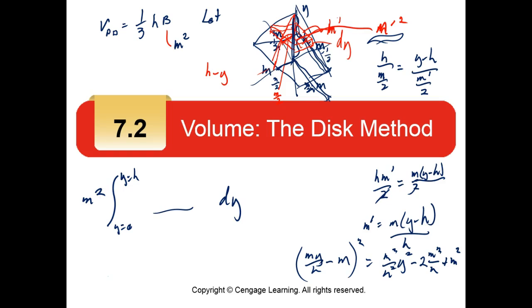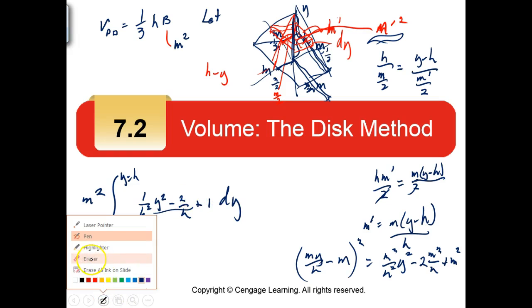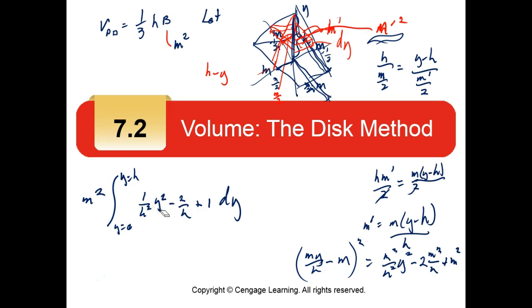We don't need it in there anyway. And then what we have is 1 over h squared y squared minus 2 over h y plus 1. If I pull out the m squareds there, I think that's what we got. Do y'all agree with that or not? You okay with it? I'll hold you to that then.